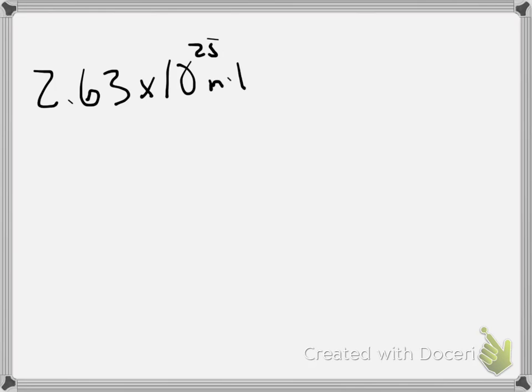So you start out by writing 2.63 times 10 to the 25th molecules.